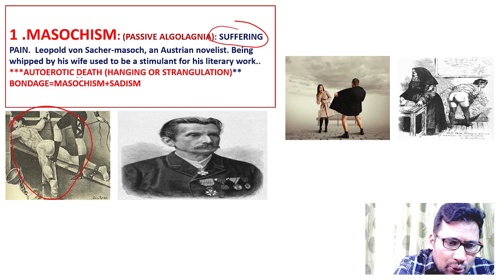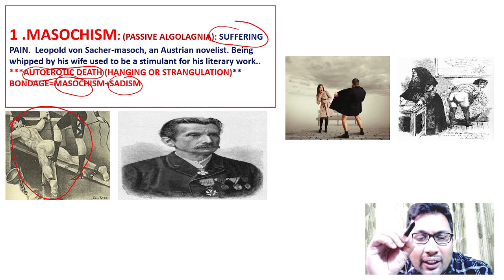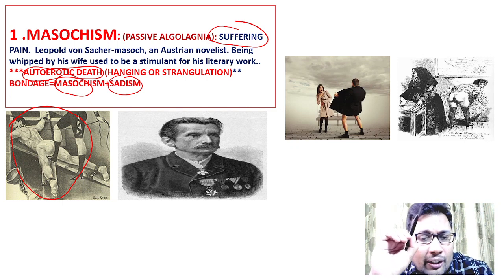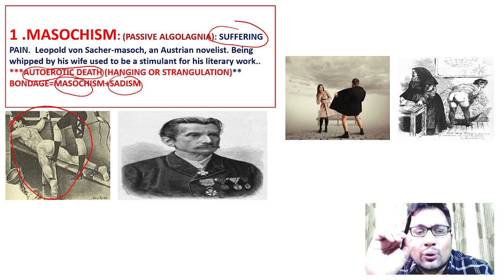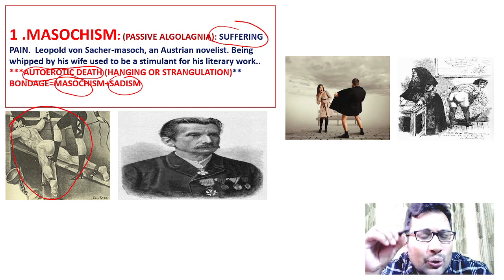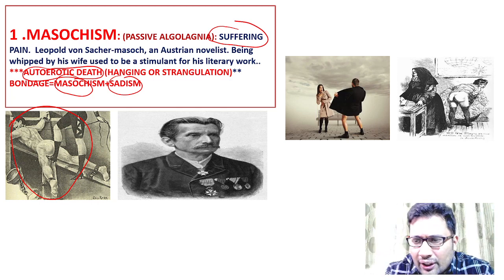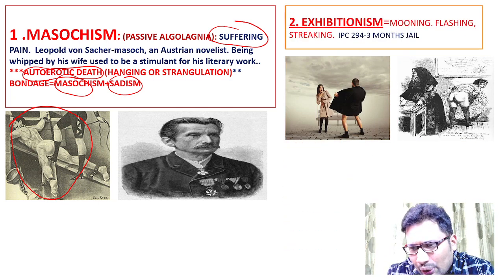Bondage is equal to masochism and sadism. Sometimes it is associated with autoerotic death, in case of hanging or strangulation. The very famous writer Masoch used to get stimulus to write his book by being whipped by his wife.